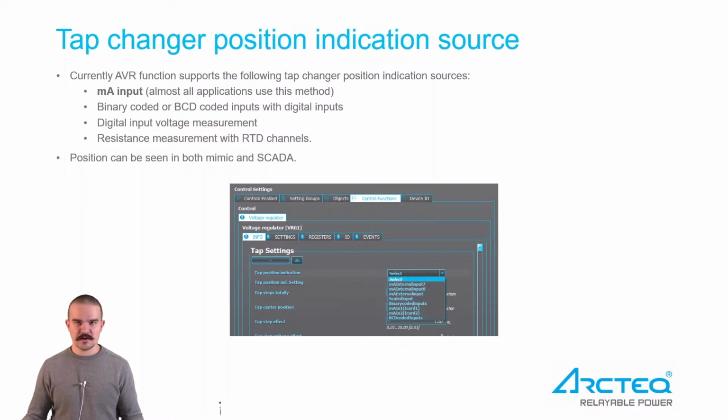Digital input voltage channels can also be used for measuring the tap changer position. And then resistance can also be measured with RTD channels in the RTD option card. And this position, when you have set it up, you can see it in both Mimic and SCADA.